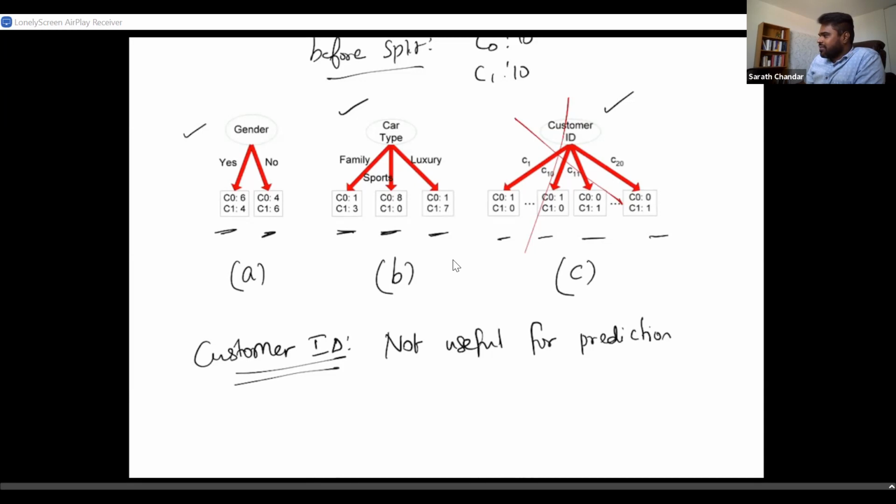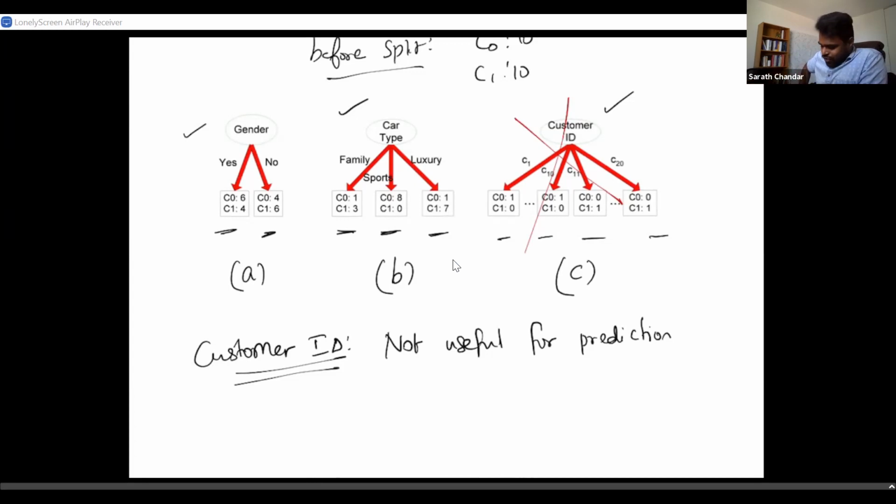Any answer? Okay, so there are answers saying it's well-balanced, with a number of customers in both. I think both the answers say the same. Now is that a good thing or a bad thing?